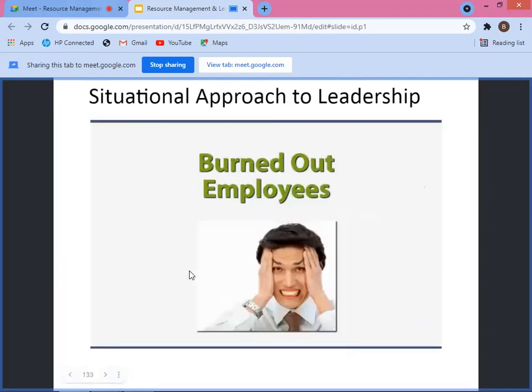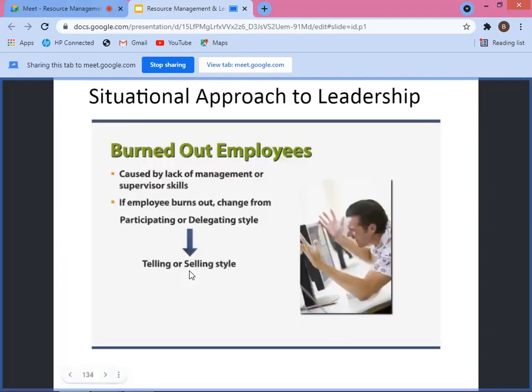For burnout employees, because of lack of management or supervisor skills: always conflict with the supervisor or manager, always arguments, always differences, irreconcilable differences, giving more workload, more pressure, no rest, no breaks.